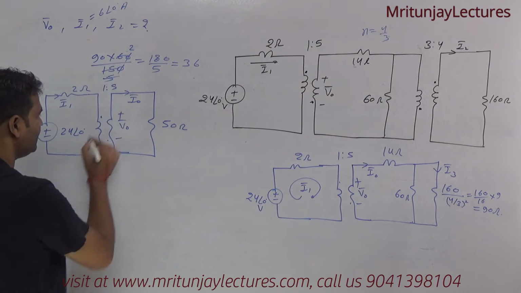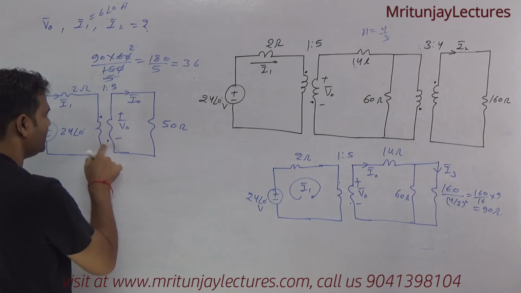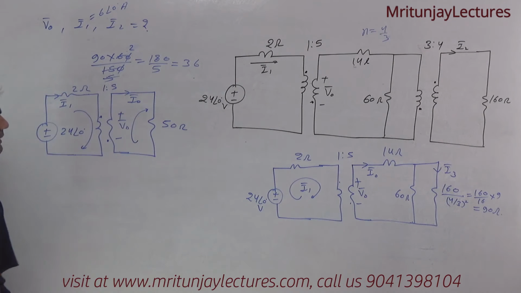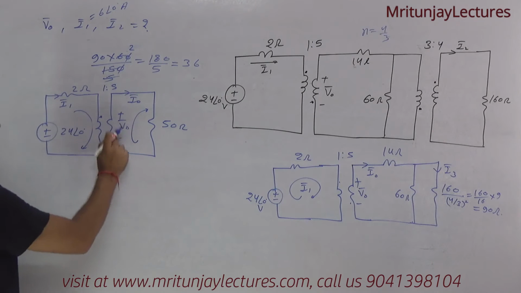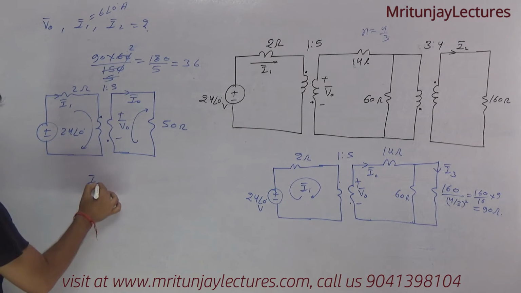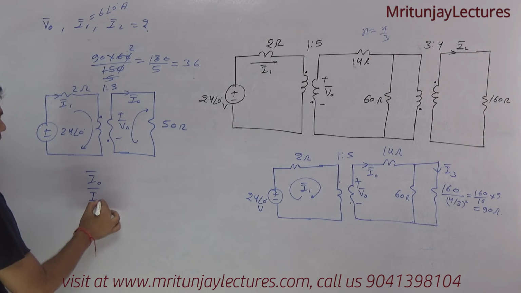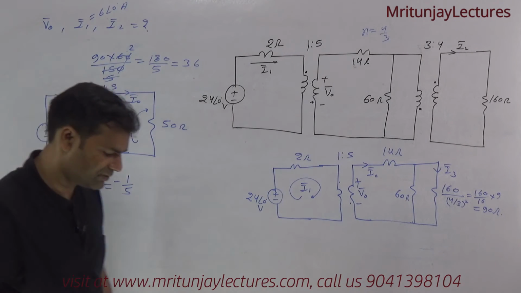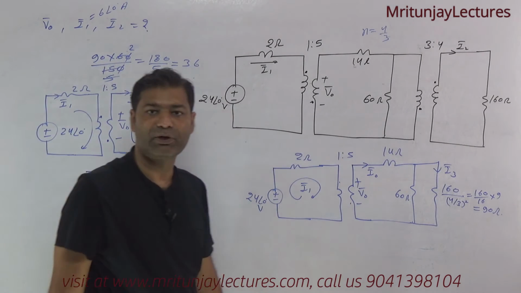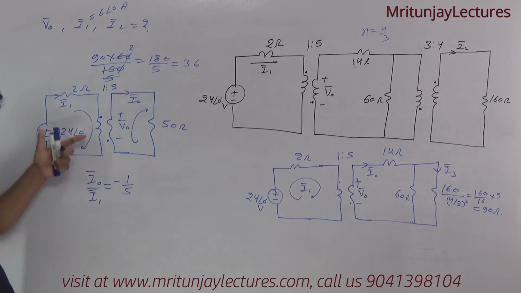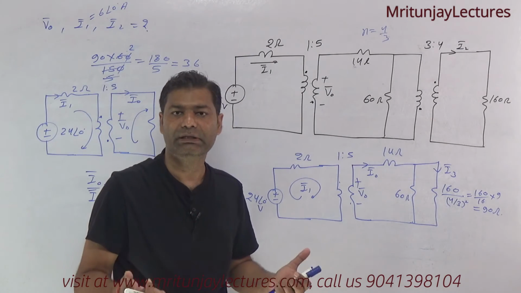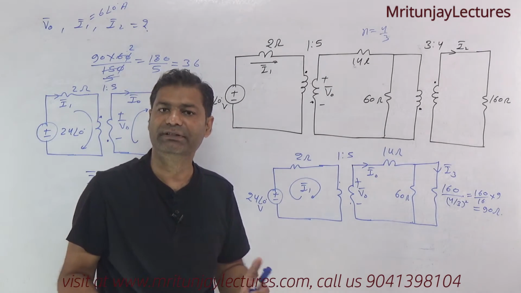Now after I1, what about I0? I know the dot polarity: I1 here and I2 here. I1 is coming in and I0 is also coming in. So the ratio I0 by I1 is equal to minus 1 by 5. It is negative. Why? Because in the previous concept I developed, if currents are coming in corresponding to the dot polarity and going out, then the current ratio is negative.